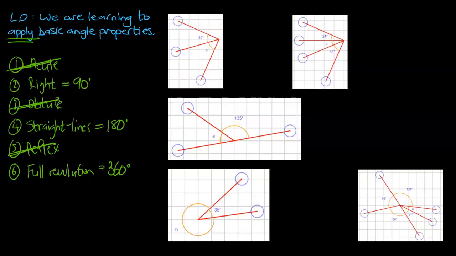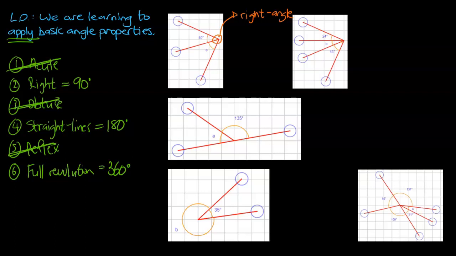I've got 5 examples here with us. We're going to start off with the top 2 questions, and the thing I'm liking about these, I can see that little right angle symbol. I know that this here is a right angle, and for a right angle, I know that all of the angles are meant to add up to 90 degrees.